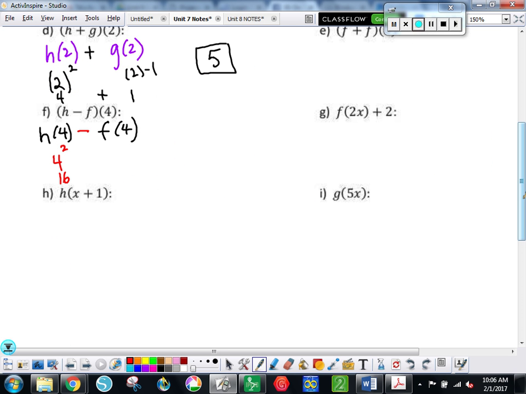So for this one, I'm going to have 2x plus 4. And what is that? So 2 times 4 is 8. Oh, 8 plus 4 is 12. Is that okay? So you're evaluating them independently, and then what do you do between the two numbers? Then you subtract them. And 16 minus 12 is?